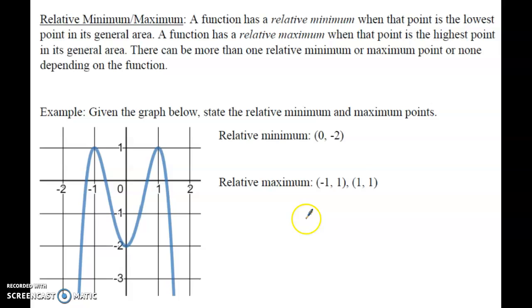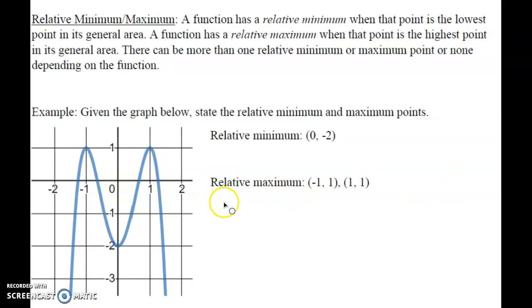There can be more than one relative minimum or maximum, or there could be none of either, or none of one and one or two, doesn't matter, depending on the function. So these relative minimum and maximum points are based upon, again, not necessarily the highest and lowest points in general, but the highest and lowest points in their general area.